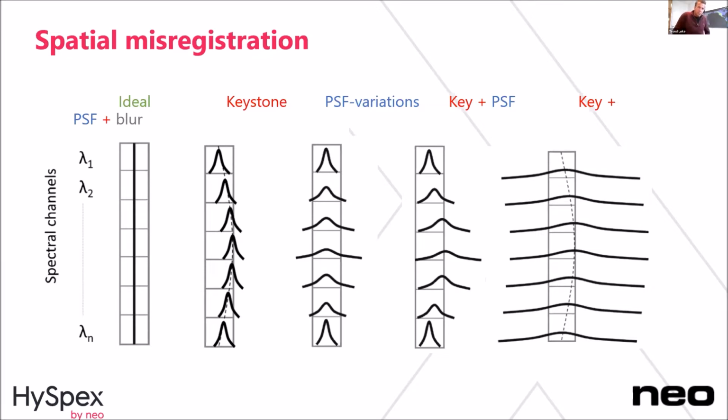And that gives you what you see here, a keystone effect. So let's say you are looking at a broadband point source, then ideally all your energy should hit one column on your detector, while in real life it does not. So it's shifting over to the border pixels, like you see here.